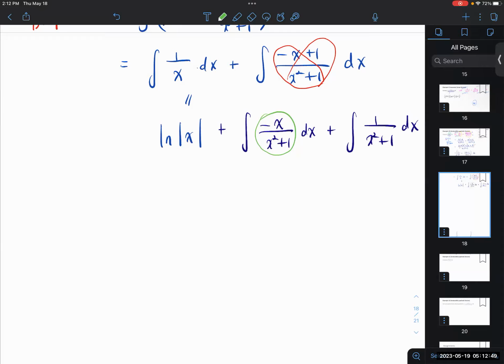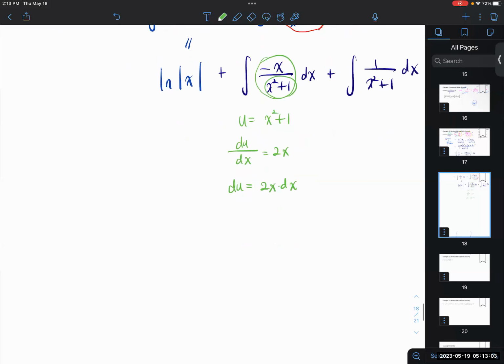For this one, we can think about u substitution. So u equals x squared plus 1. du over dx is 2x, so du equals 2x times dx. So dx is du over 2x.